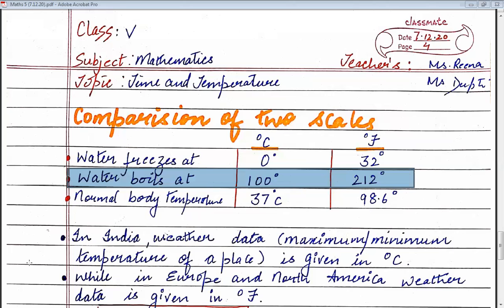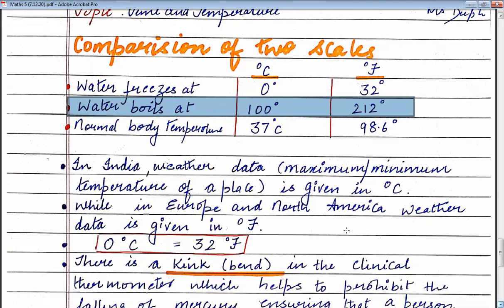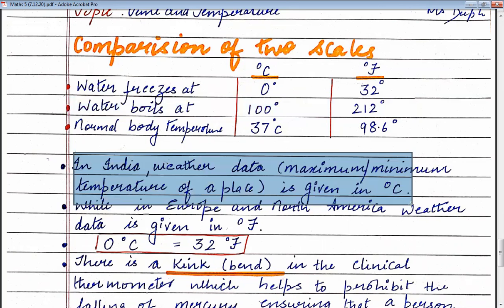Now let us discuss a few things based on temperature. Children, in India, the maximum or minimum temperature of a place in weather data is given in degrees Celsius.